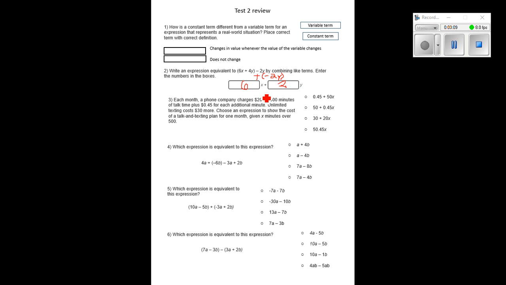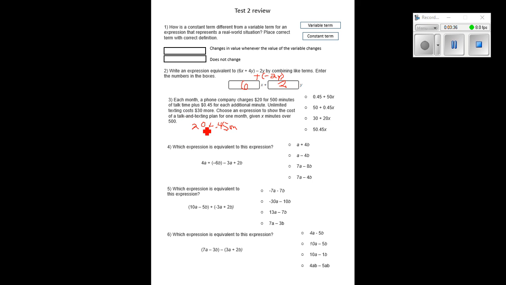Well, we see that they're only going to charge us $20 for 500 minutes. But they also say they're going to charge us 45 cents for each additional minute. So let's not get hung up on the 500 minutes. What it's costing us is $20 plus 0.45. And since they're charging us for each minute, that would be 0.45 M. That's 45 cents for each minute.